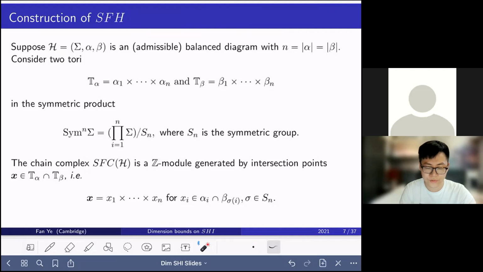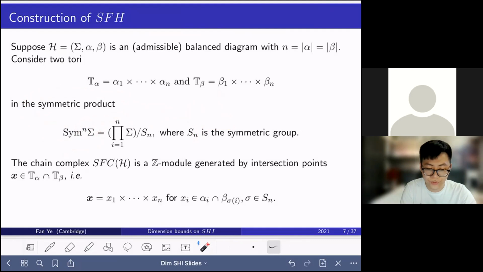So just as usual, in Heegaard Floer theory, we choose the symmetric product Sym^n of sigma, which is the product of sigma modulo the symmetric group. And here we use n folds.